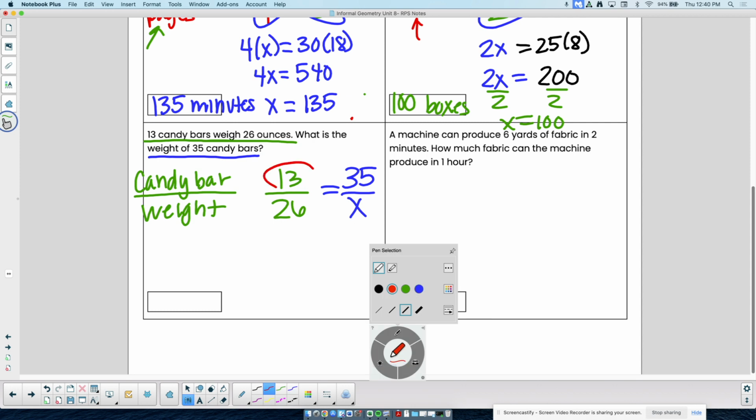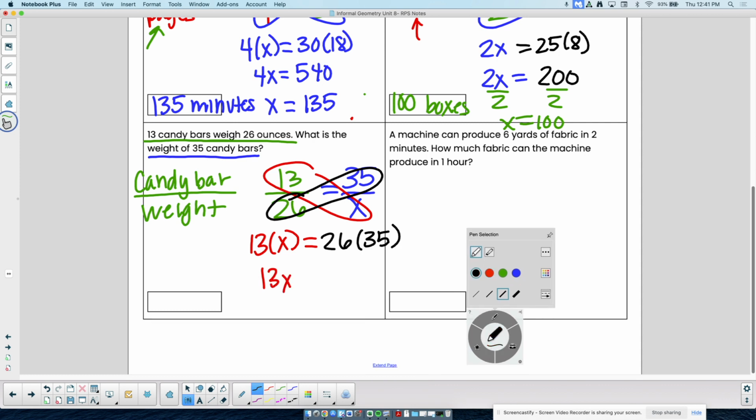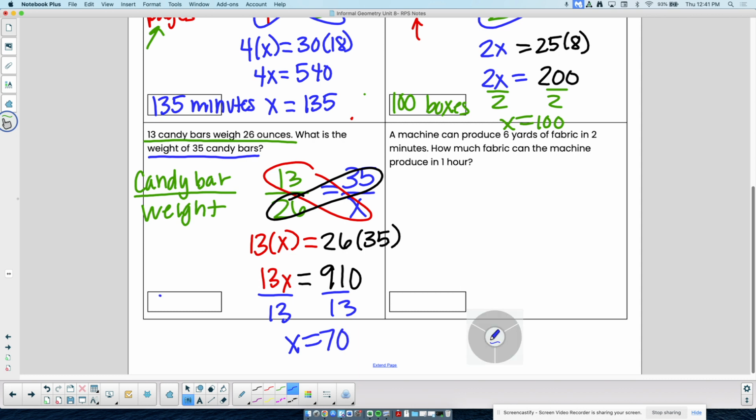Now we'll cross multiply. 13 times X is equal to 26 times 35. 13 times X we know is 13X. 26 times 35 is 910. Divide by 13, and X equals 70. 70 ounces.